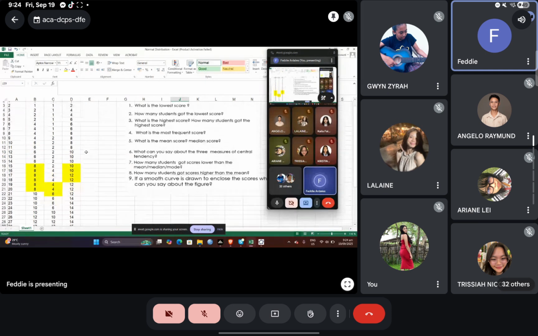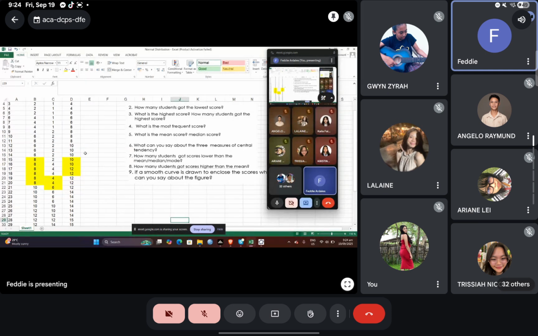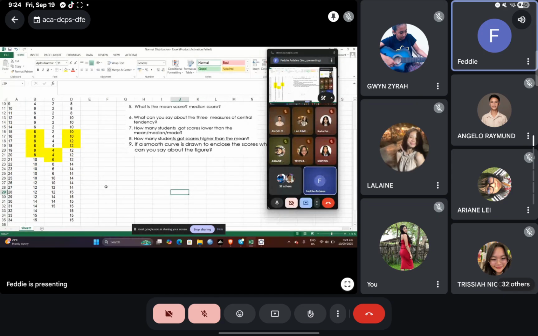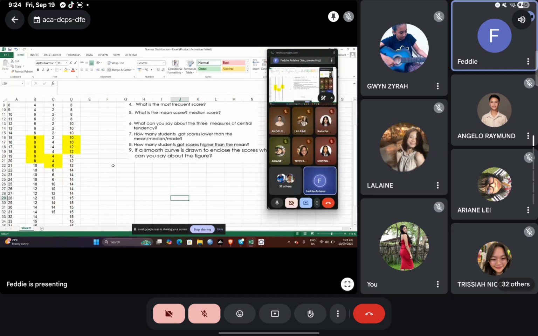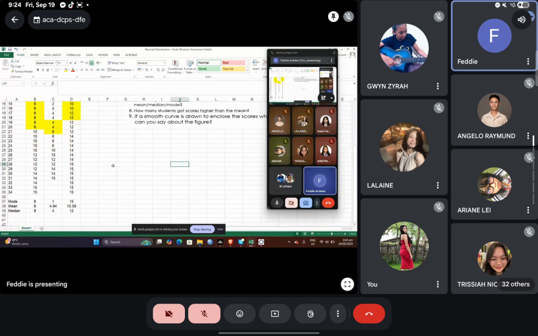Based on this data, you can count the number of students who got a score below the mean, the median, and the mode.